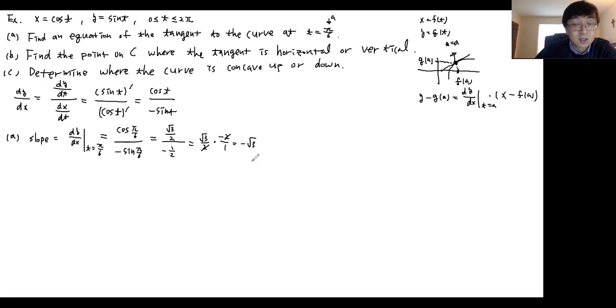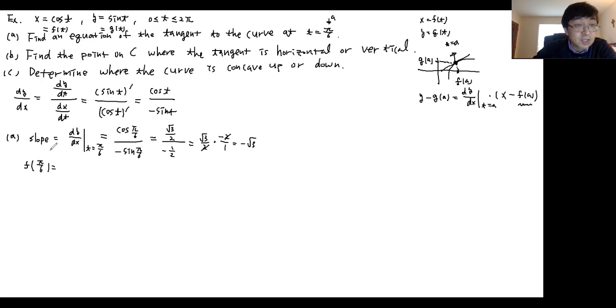This is the slope. Next, you find the x component f of a. Here, x is f of t, y equals g of t. So you find f of pi over 6.